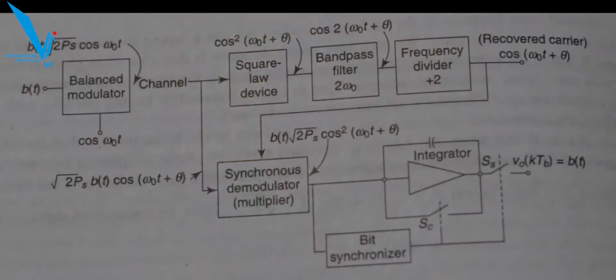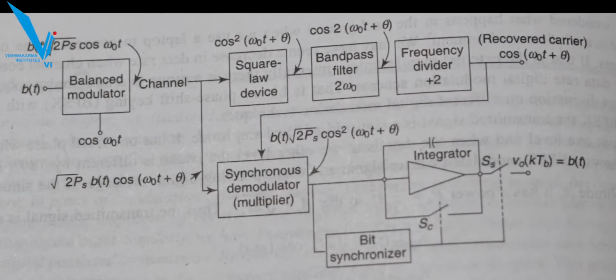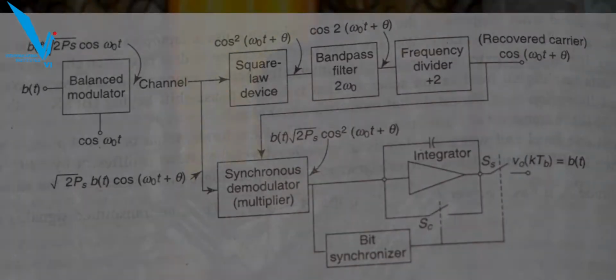So this capacitor charges for every bit duration. The capacitor will start charging and it will discharge at the end of the bit duration. So this SC monitors the TB, or the bit duration of the incoming bit. So each individual bit will be monitored separately without considering what was previously 1 or 0.